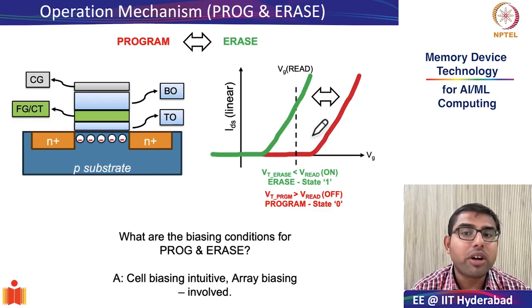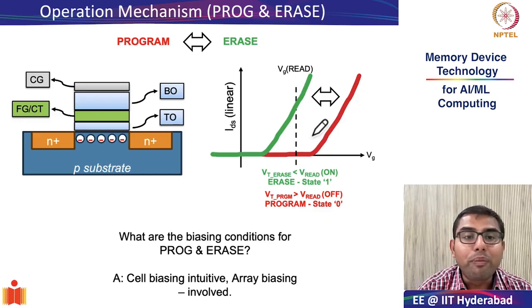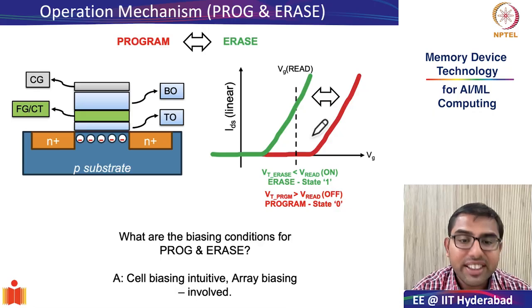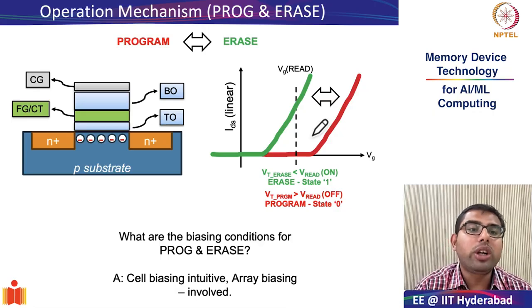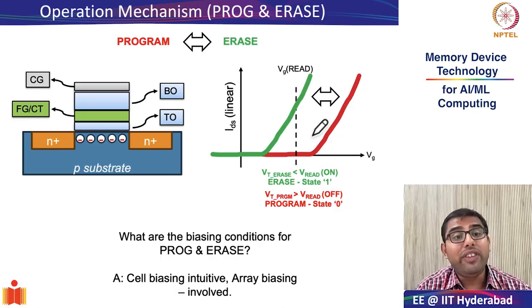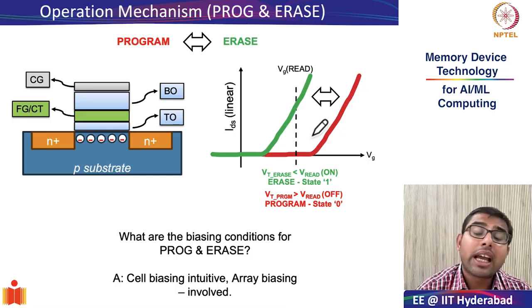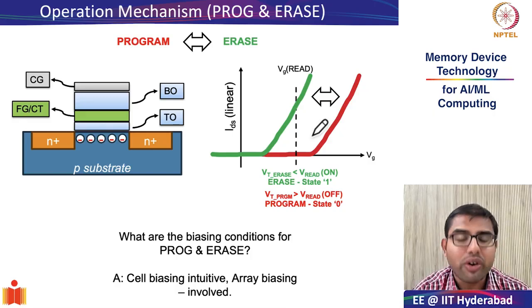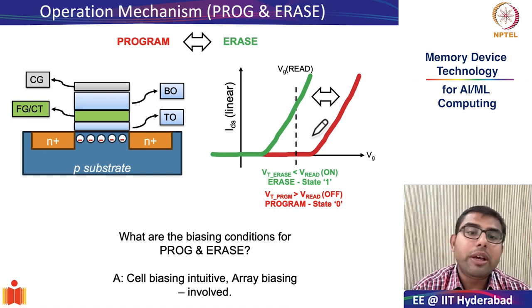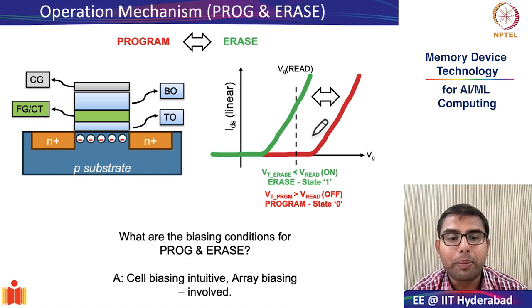The next important question that we will obviously start asking is, what are the biasing conditions? What are the voltages that you need to apply at the control gate, at the source and drain terminals, and even at the substrate to facilitate the program operation and the erase operation?